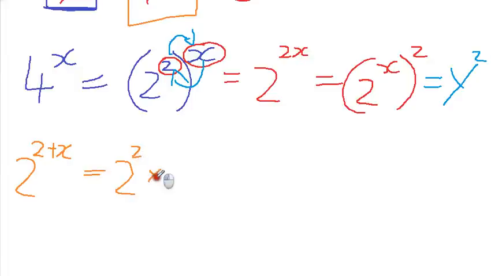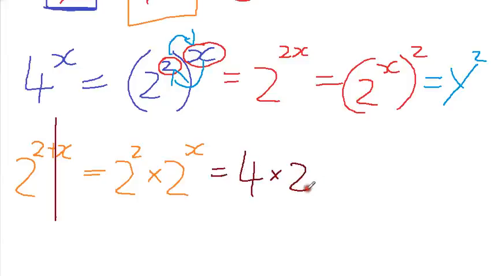That is equal to 2 to the power of 2 times by 2 to the power of x. That's a basic indices thing. So we just split that down the middle and said 2 squared and 2 to the power of x times together. We can simplify that. We can make that a 4 times by 2 to the power of x.